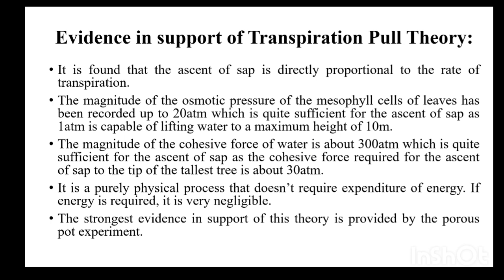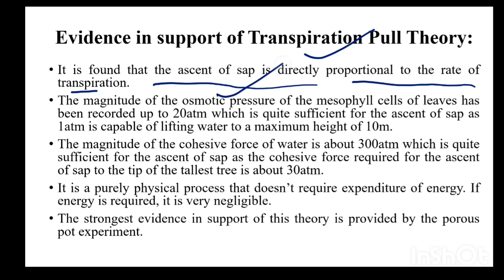And what are the evidences finally to support the theory? The first one is, it is found that ascent of sap is directly proportional to the rate of transpiration. The magnitude of osmotic pressure of mesophyll cells of the leaf has been recorded up to 20 atmospheric pressure, which is quite sufficient for ascent of sap, as 1 atmospheric pressure is capable of lifting water to a maximum height of 10 meter.